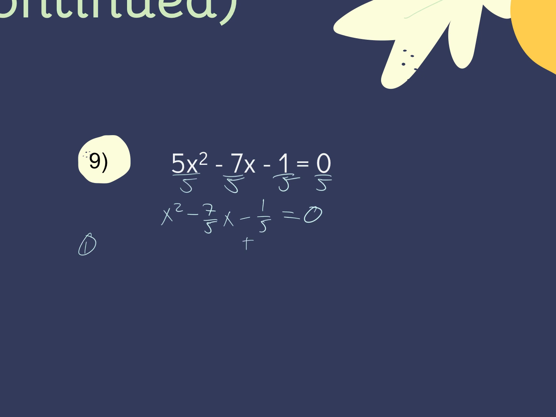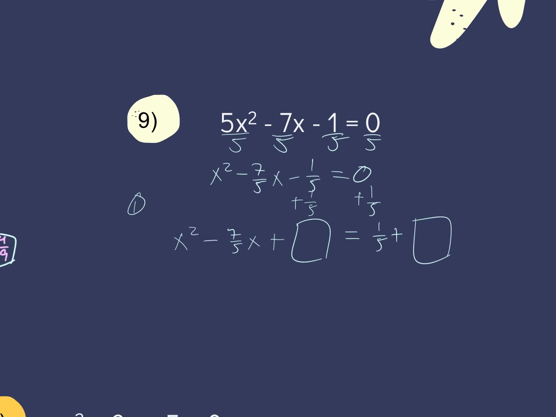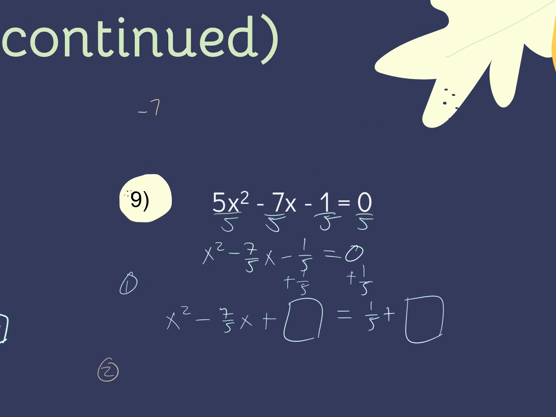First thing we want to do is add 1/5 to both sides. So we should get x squared minus 7/5 x, make sure you leave a space, equals 1/5 plus, again leave a little space. Second thing you want to do is add b/2 squared to both sides. In this case, b/2 is going to be negative 7/5 times 1/2, multiplying by half.